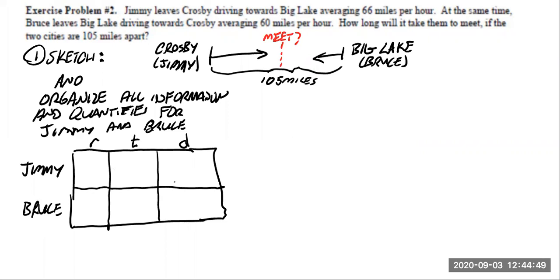So let's start with the rate, R. We're going to start filling in this chart with given information. So the given information is the rates. I know that Jimmy is averaging 66 miles per hour and Bruce is averaging 60 miles per hour. So I'm just going to put these rates in here.